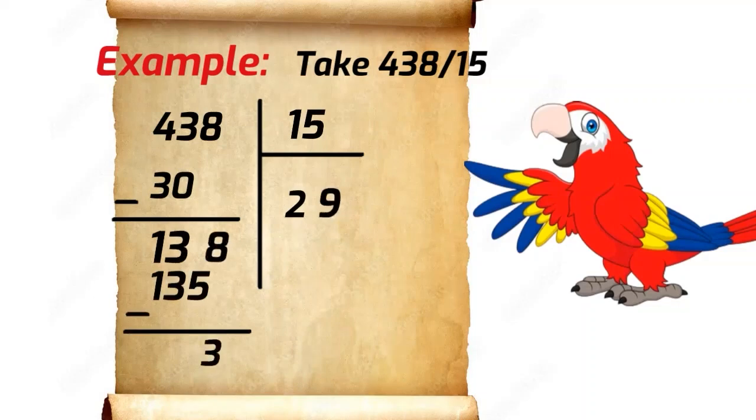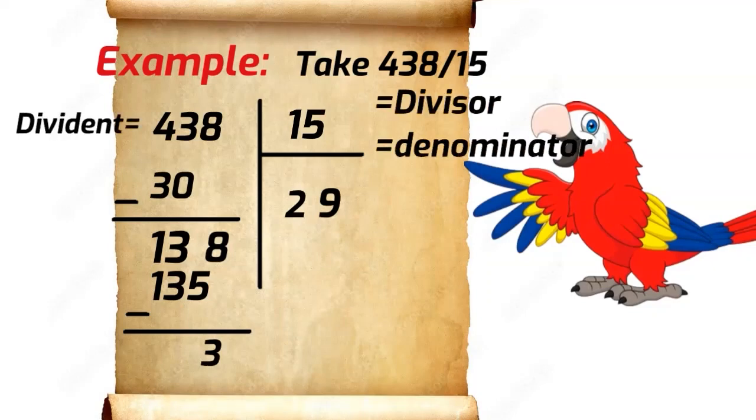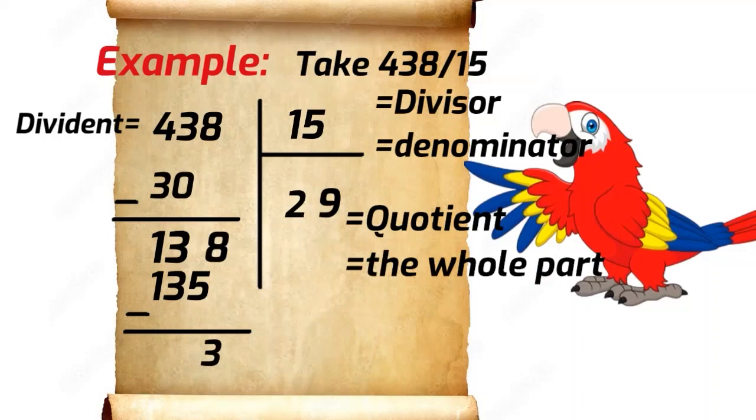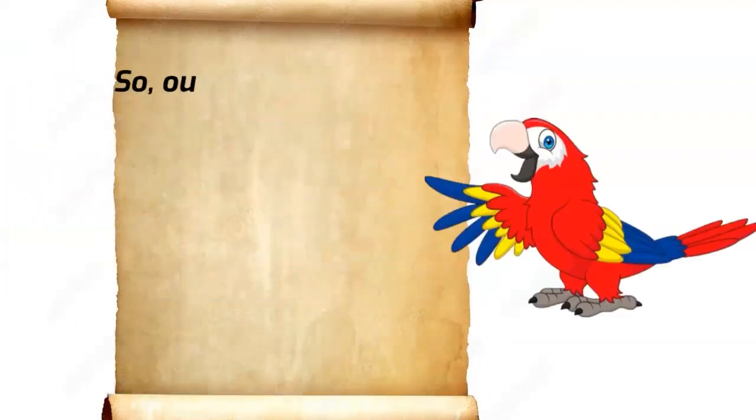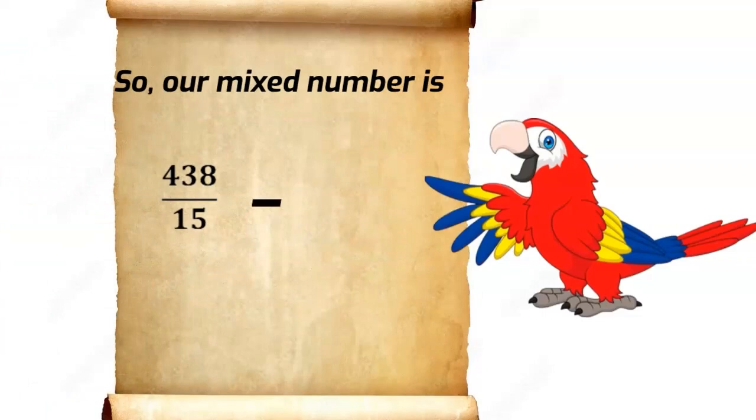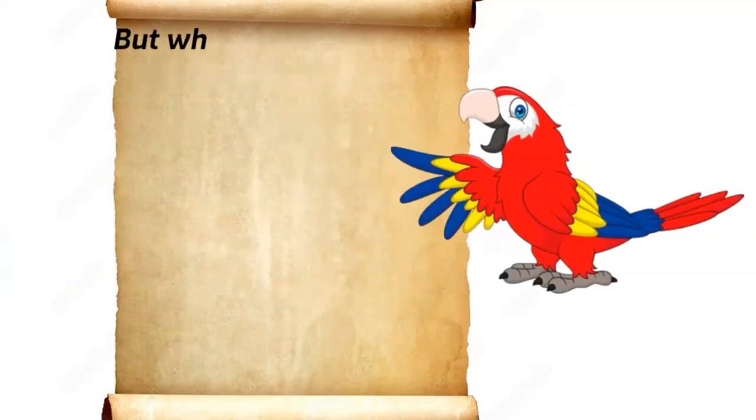Here, we get 29 as the quotient and 3 as the remainder. So, the whole part of our fraction becomes 29 and our new numerator is 3. As we've said, the denominator stays the same, 15. It is a relatively easy process.